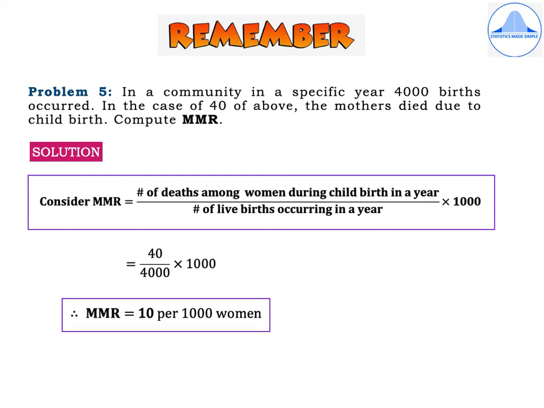Write the formula for MMR, which is equal to number of deaths among women during childbirth in a year divided by number of live births occurring in a year into 1000, which is equal to 40 divided by 4000 into 1000. Therefore, MMR is equal to 10 per 1000 women. MMR formula can be expressed either in terms of 1000 or 1 lakh. This particular problem we have expressed MMR in terms of 1000.